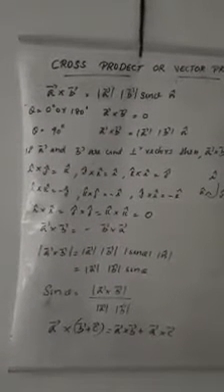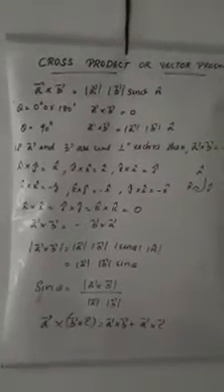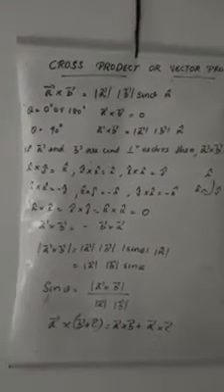You have studied the right hand screw rule. Two rules you have studied in 11th standard physics, left hand thumb rule and right hand screw rule. What is the right hand screw rule? According to that rule, the vectors A, B, N form a right-handed system.